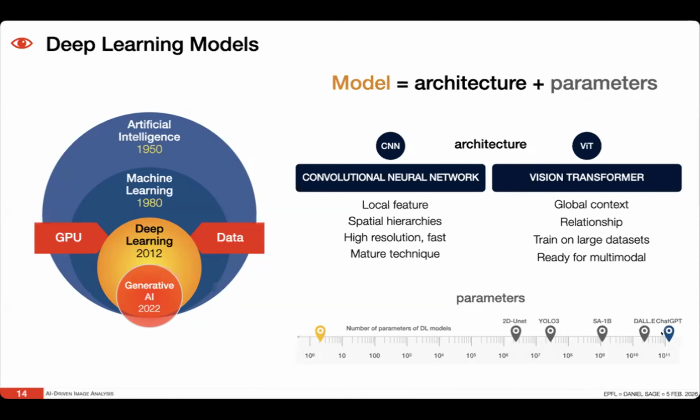ChatGPT is there, just to give the scale, 10 to the power 11 or more parameters. Sometimes we are also able to solve some kinds of image analysis problems with very few parameters. Maybe we just have to tune some threshold or a very simple filter, and with 10 parameters we are able to solve a certain range of tasks, I should say.